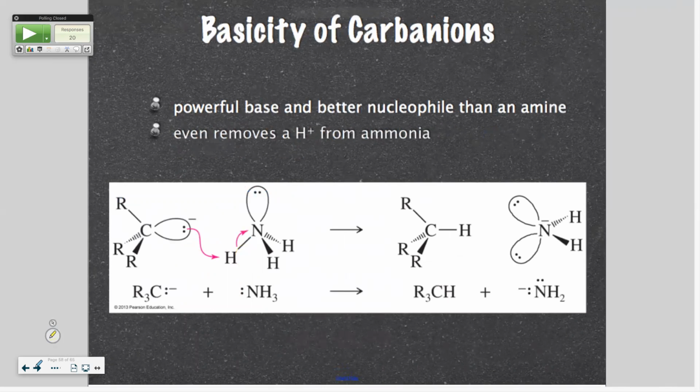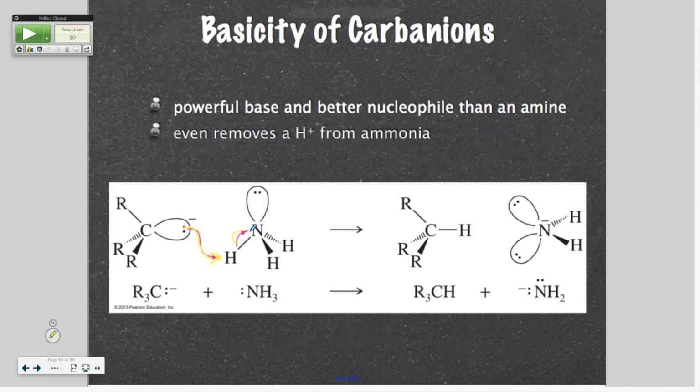Okay. Carbanions can function as bases and better nucleophiles than amines because they have a negative charge. They even will remove an H plus from ammonia. So here is a carbanion, and it is grabbing that H plus. We're just doing an acid-base reaction.